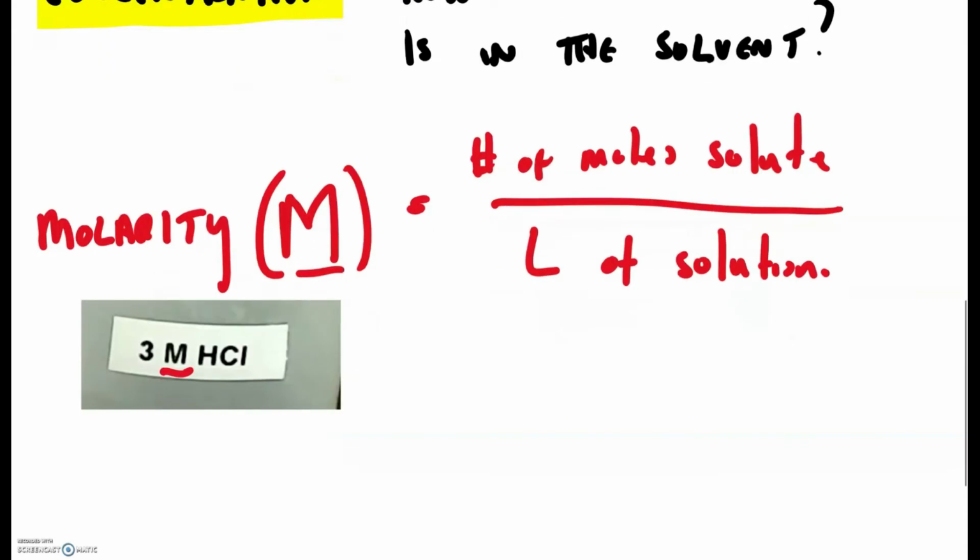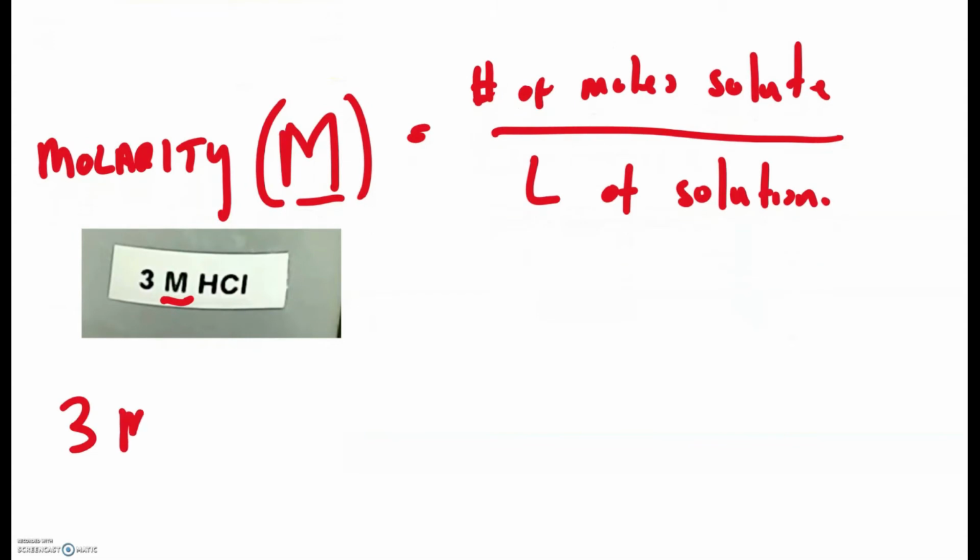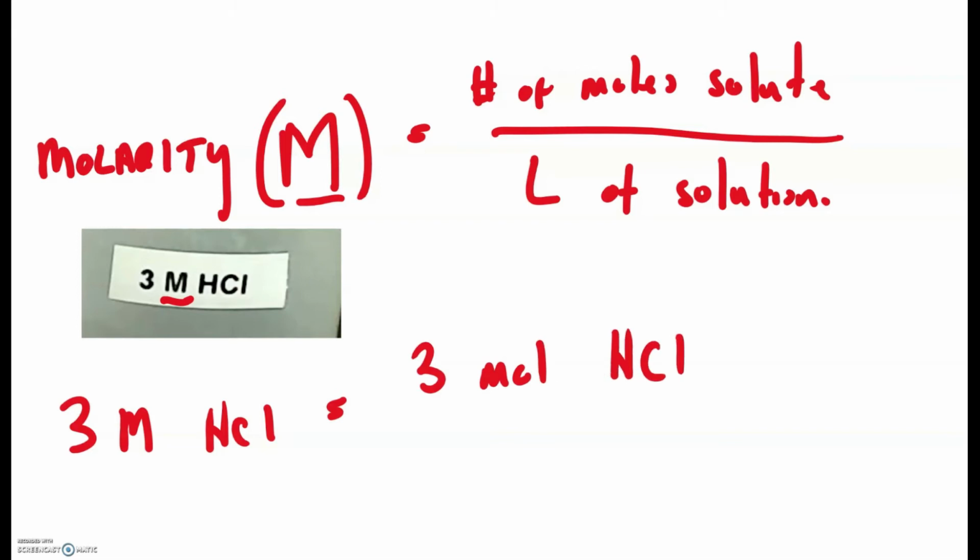So this 3 molar hydrochloric acid means that we have 3 moles of hydrochloric acid in every 1 liter of solution.